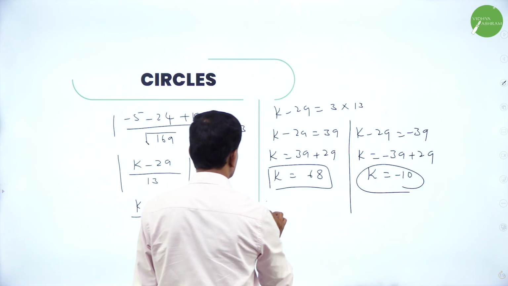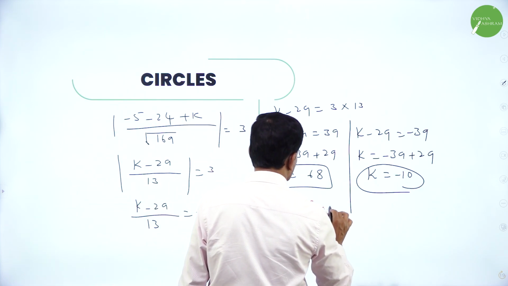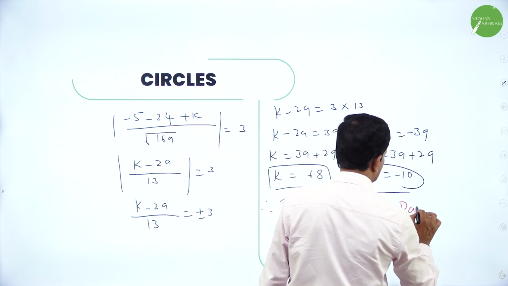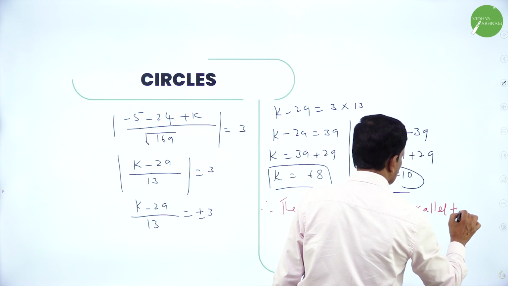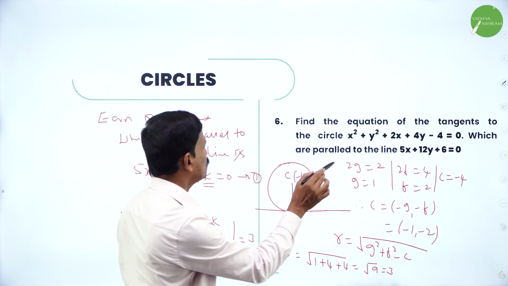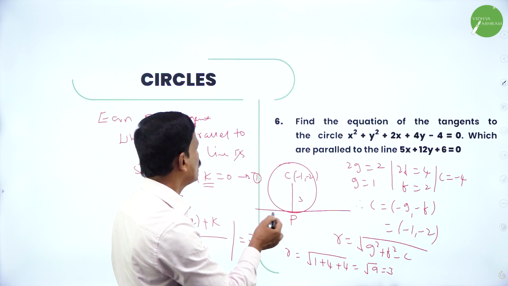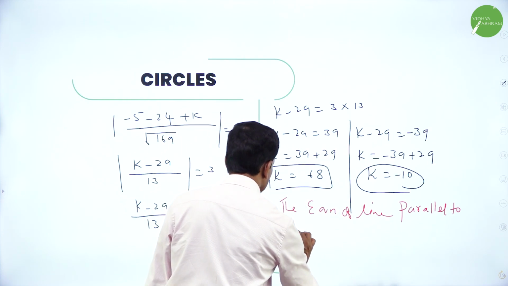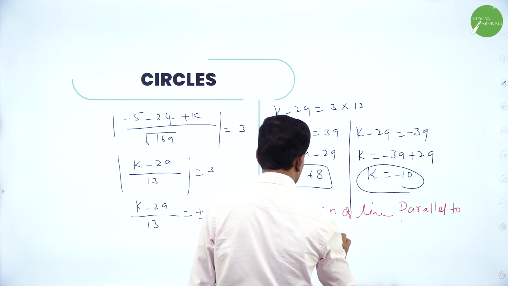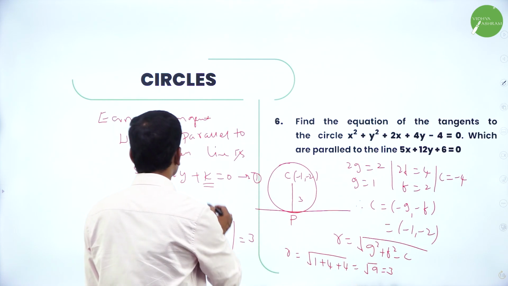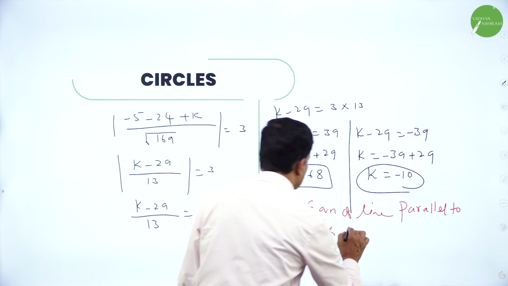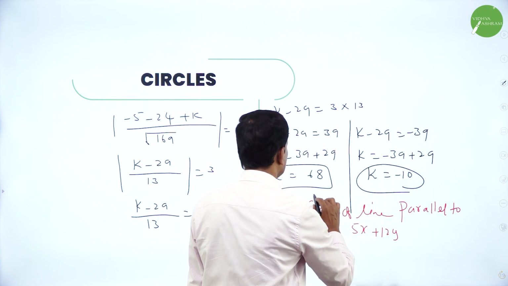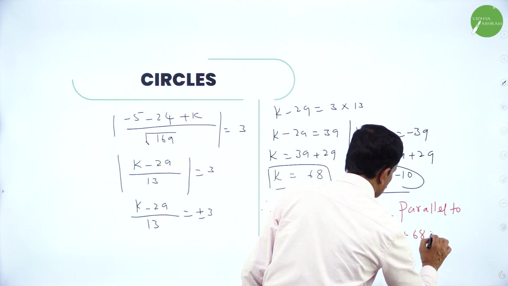Therefore, the equation of the line or tangent which are parallel to the given line is, substitute here, 5x plus 12y plus k, means plus 68 is equal to 0.